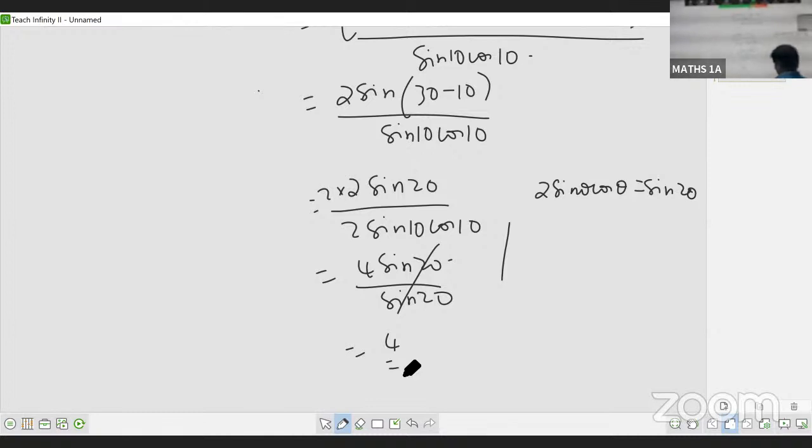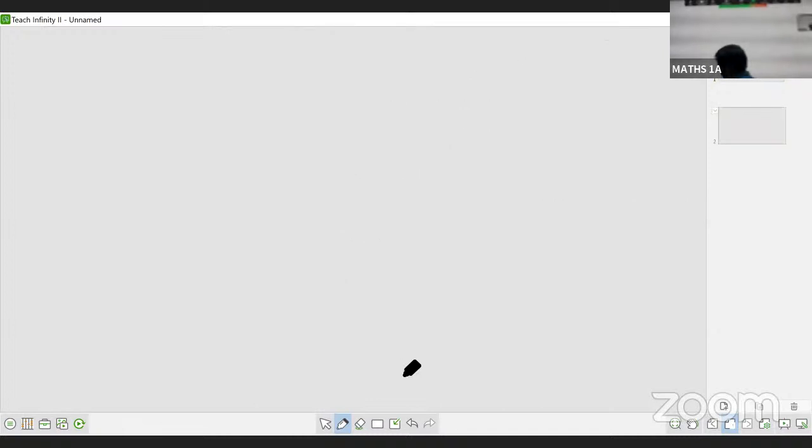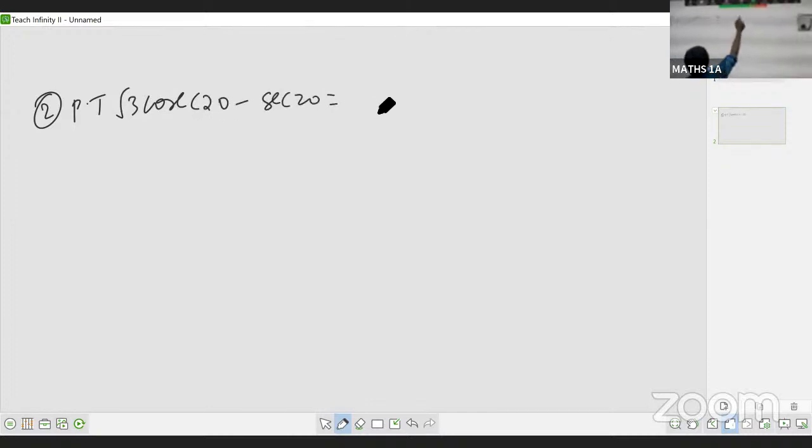Next, same, prove that root 3 cosecant 20 minus secant 20, again we have to show it as equal to 4. Again LHS: root 3 cosecant 20 minus secant 20.